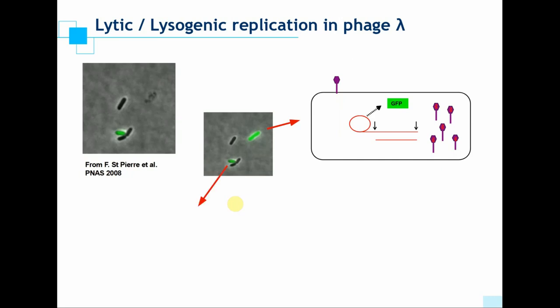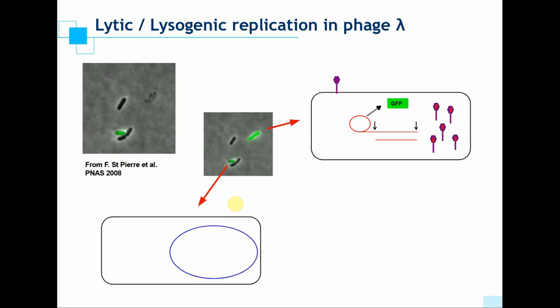However, in this cell, something different happens. The first steps are the same. The phage binds to the outside of the bacterium, and the phage DNA is injected. It circularizes. Then, instead of replicating a large number of copies of phage DNA, it's integrated into the host chromosome.